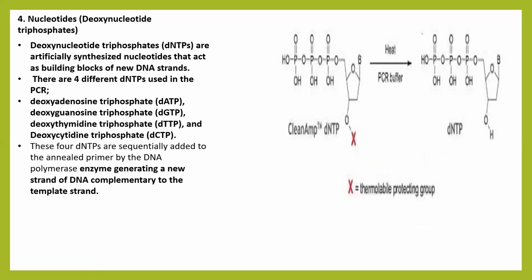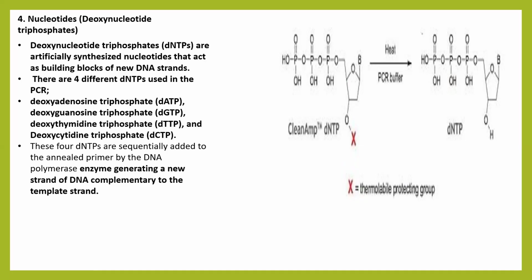Fourth, we need deoxynucleotide triphosphates, which act as the building blocks of the new DNA strand and provide energy for DNA synthesis. The four types are deoxyadenosine triphosphate, deoxyguanosine triphosphate, deoxythymidine triphosphate, and deoxycytidine triphosphate.